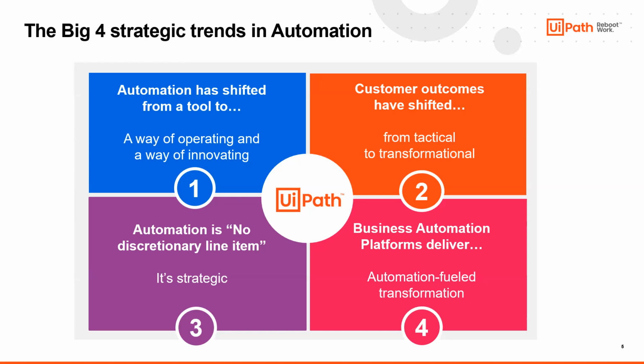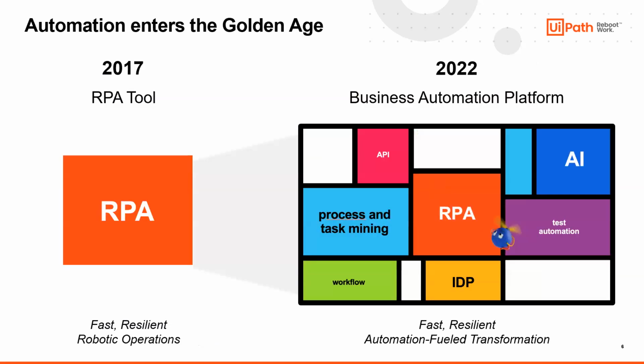And finally, automation is fueling a lot of those transformations, right? And so that's really where we've evolved our platform into not just an RPA tool, but something much, much more, right? Back in 2017, we were just RPA, right? It was just the core Orchestrator, Studios, robots.